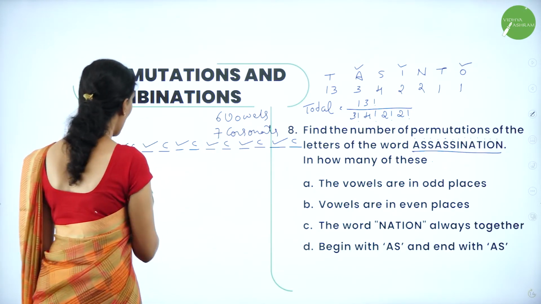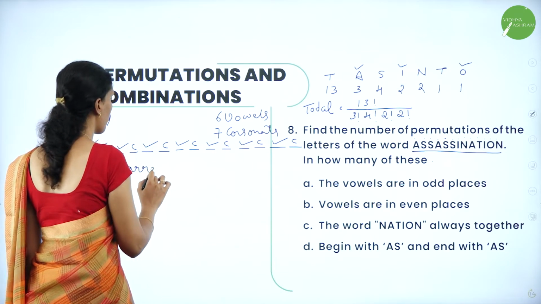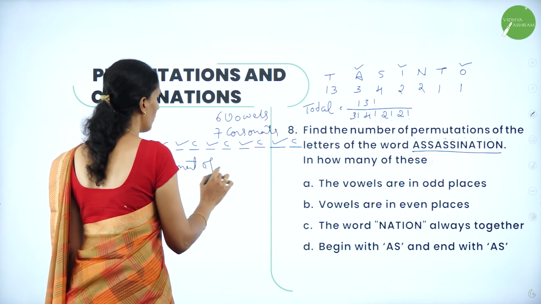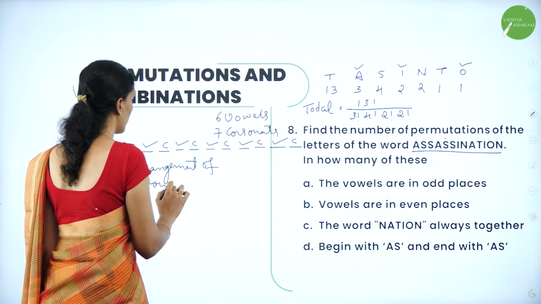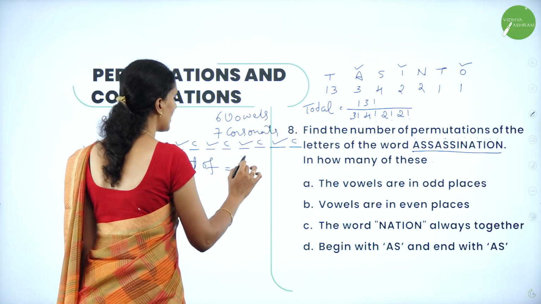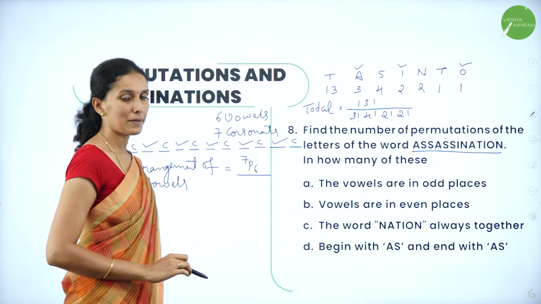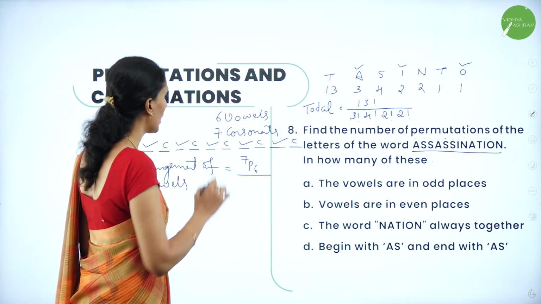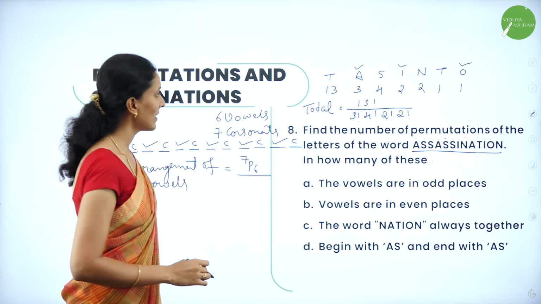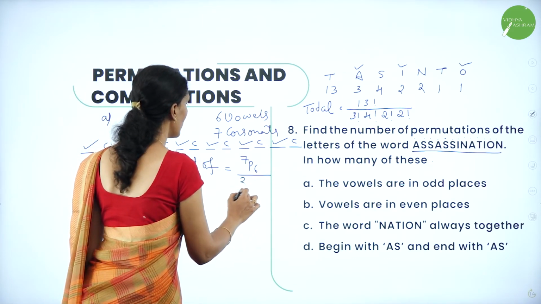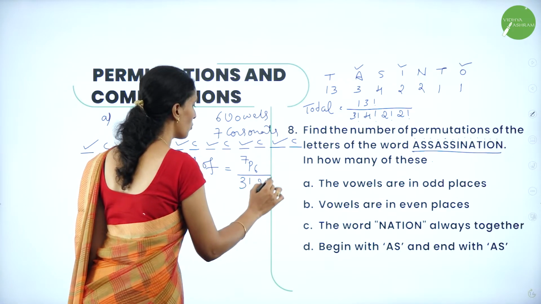So therefore, arrangement of vowels will be 7 places we have, 6 vowels I have, so 7P6 ways. Well, vowels are repeated there. A is repeated thrice and I is repeated twice. So therefore this will be divided by 3 factorial into 2 factorial.